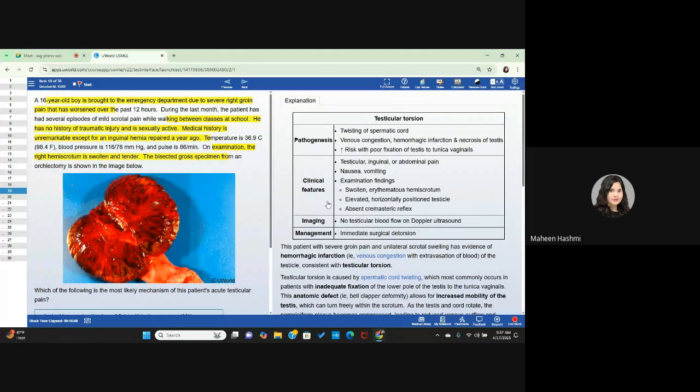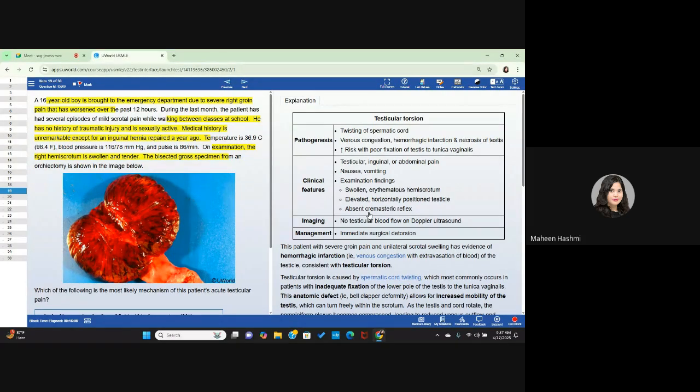Again, whenever they're talking about anything torsion related, that means there was a lot of severe pain. These words are very distinct for torsion. You will see twisting of the spermatic cord, and the same findings, nausea and vomiting, as in ovarian torsion. Examination findings will have a high-riding hemiscrotum and an absent cremasteric reflex.